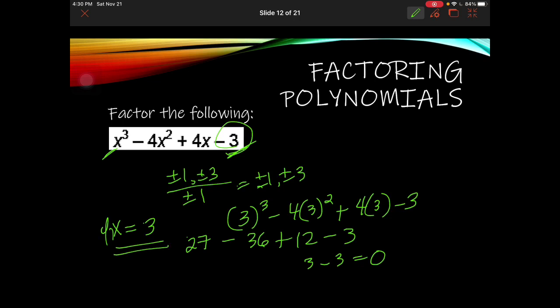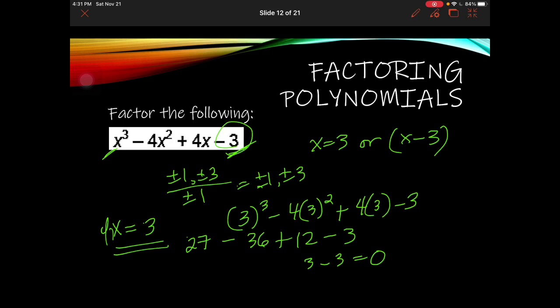So, because this is 0, magiging positive 3 po ang ating factor, which means, ang isang factor niya ay x minus 3, or, kung ilalagay natin siya in binomial form, that is x minus 3. So, dahil nakakuha na tayo ng isang factor, pwede na po tayong mag-proceed sa division. Okay?